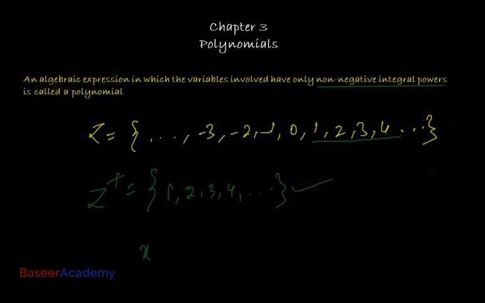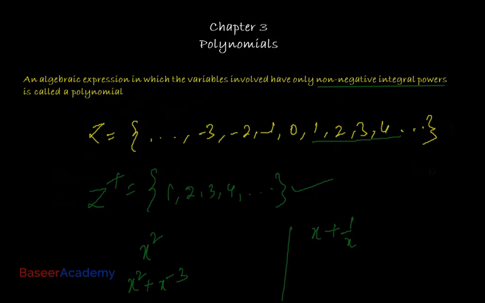Let us say I write down here x square, and then let me write down x square plus x to the power of minus 3. Let me also write down a few more algebraic expressions here: x plus 1 by x.